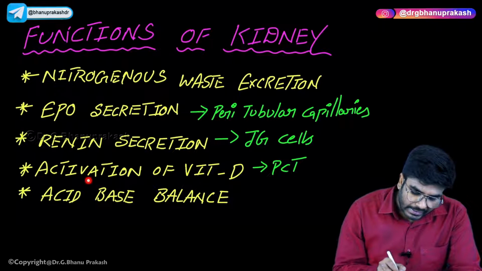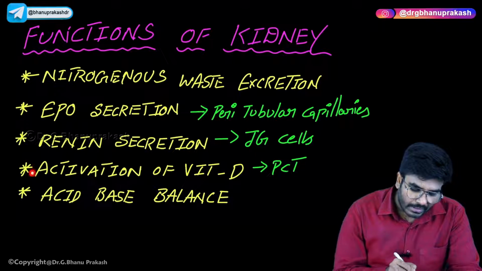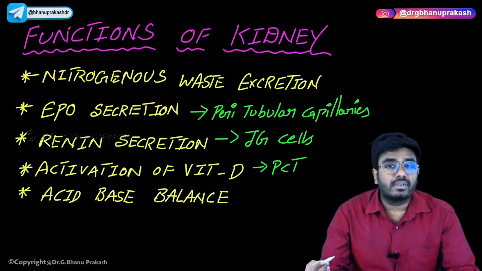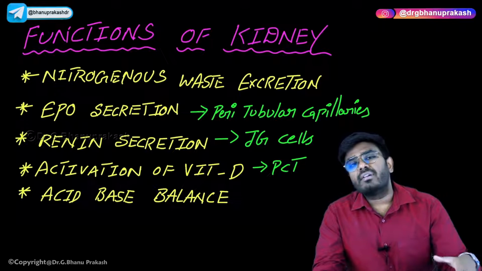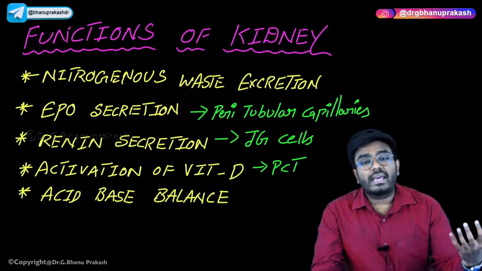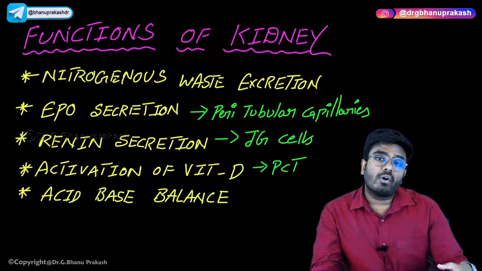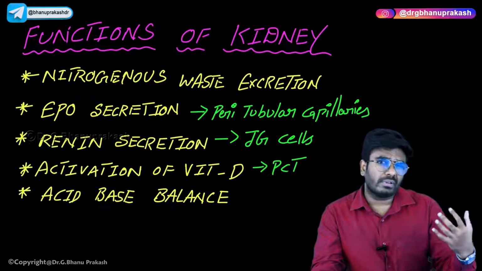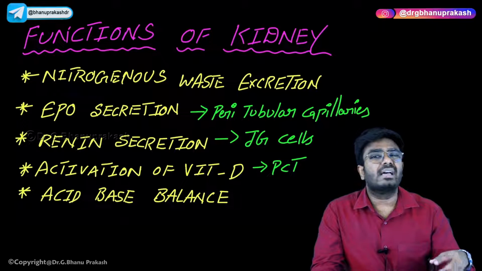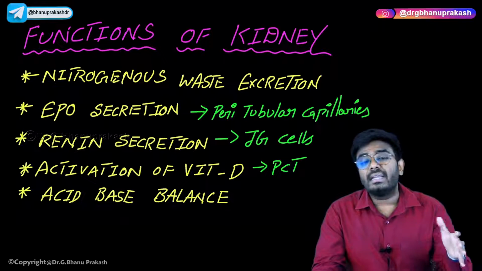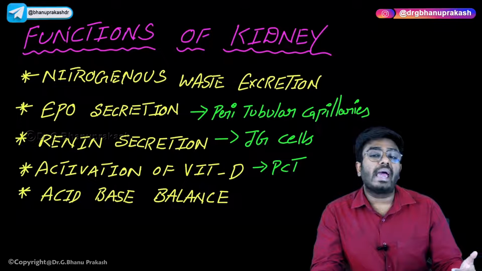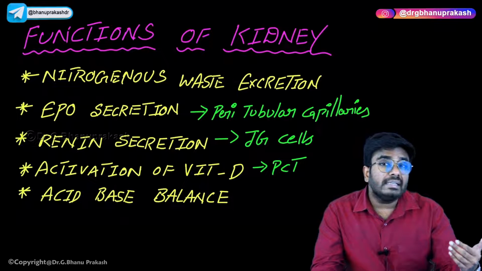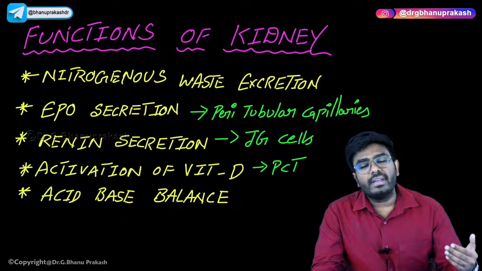Apart from that, activation of vitamin D. Guys, vitamin D is actually produced at the level of skin itself. With the help of sunlight, the cholesterol present underneath the skin is converted into vitamin D, but that vitamin D is in a highly inactive form. That inactive vitamin D needs to be activated. So where is vitamin D activation going to take place?